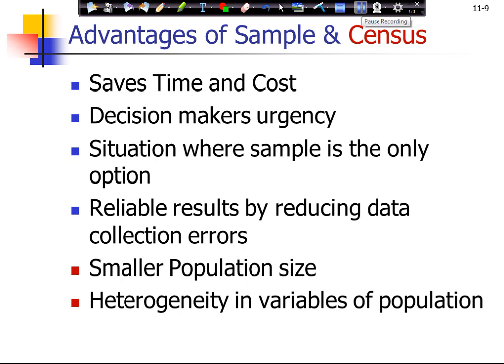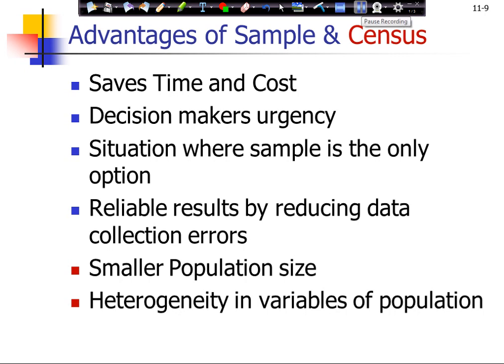So whenever I collect the preferences or information from every element in the population, the survey is called census. Here we are not leaving any stone untouched. We are collecting information from each and every possible respondent in the population.